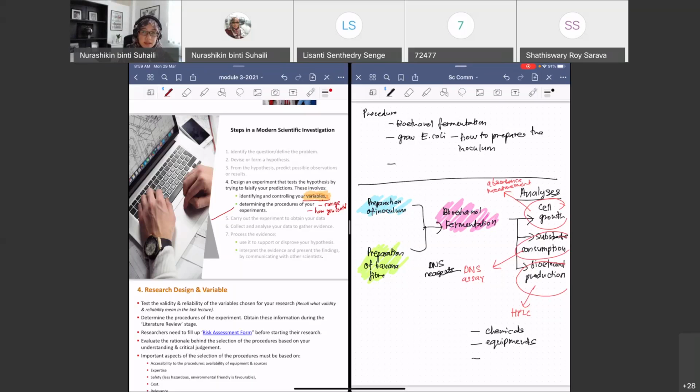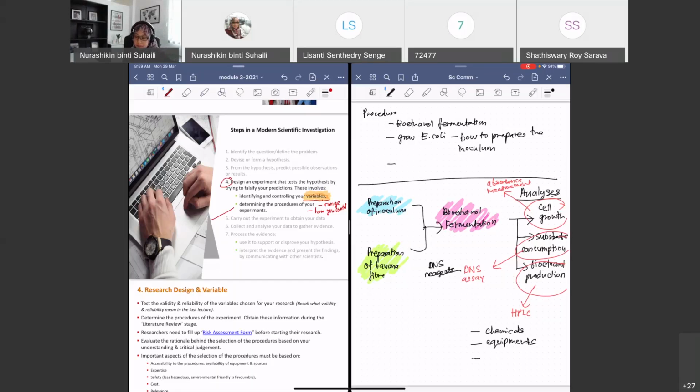This one is also by measuring the absorbance. So from the plan of your procedure, you will know the chemicals, the equipment, and the flow of your work. That is involved in what we call the design of the experiment, the fourth step.